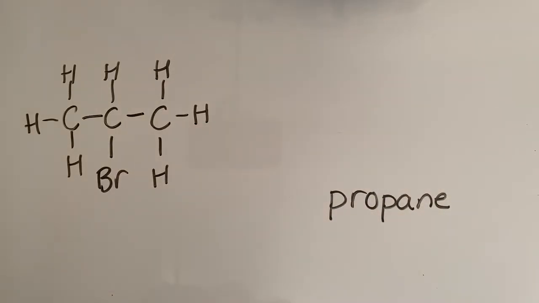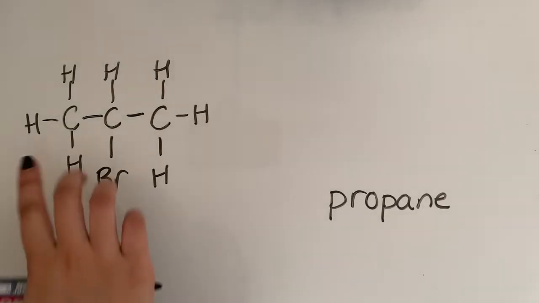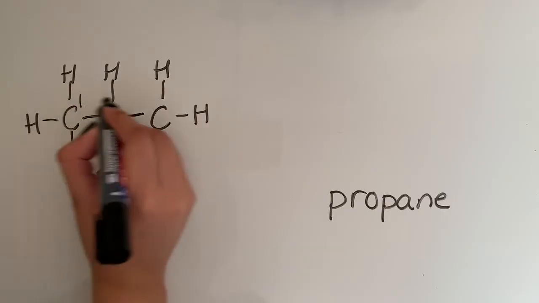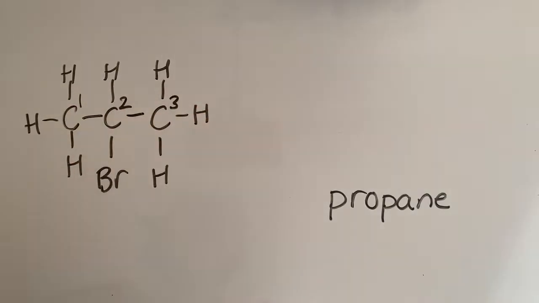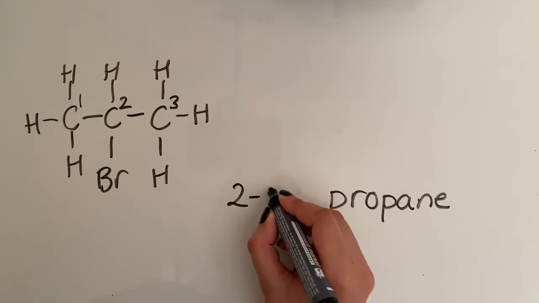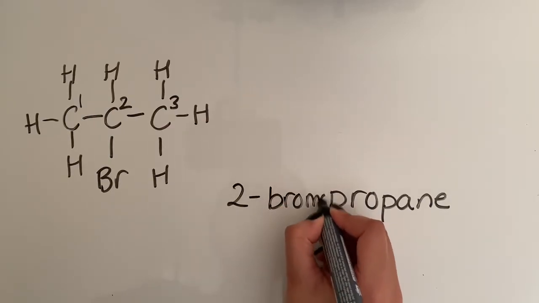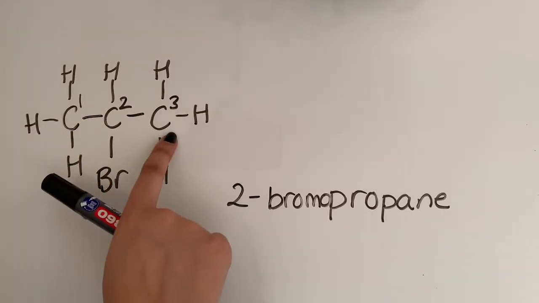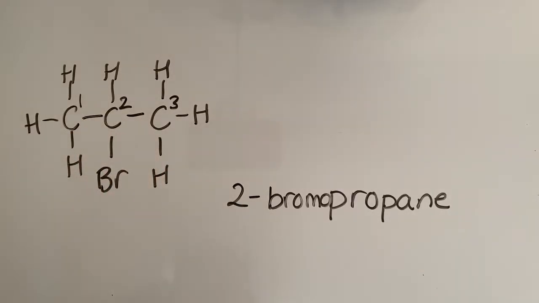And now, because we can have the bromine anywhere over here, we should number our carbon. I'm going to start numbering from here. Again, aim for the halogen to be on the smallest number carbon. In this case, it doesn't matter because it's always going to be on carbon 2. So this one here is called 2-bromopropane. Okay, if that was on that carbon or this carbon, it would then be 1-bromopropane.